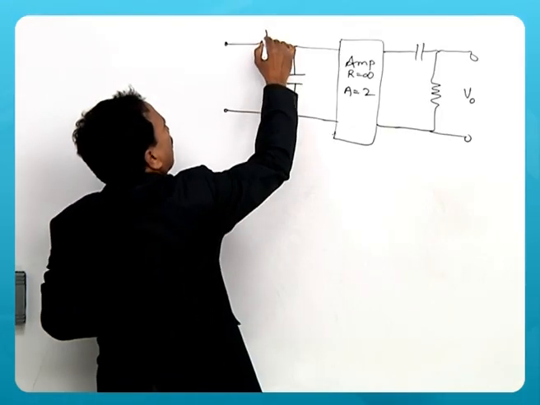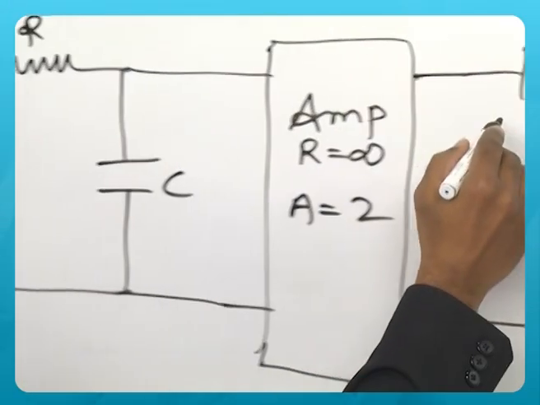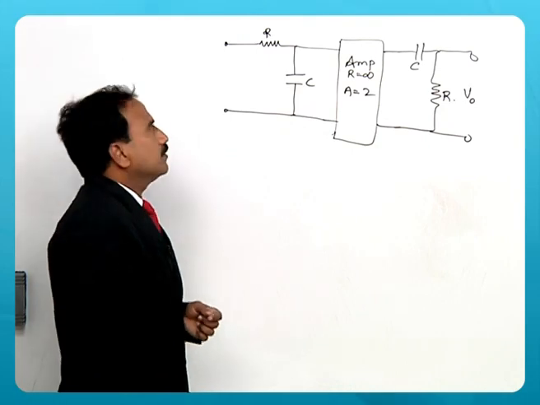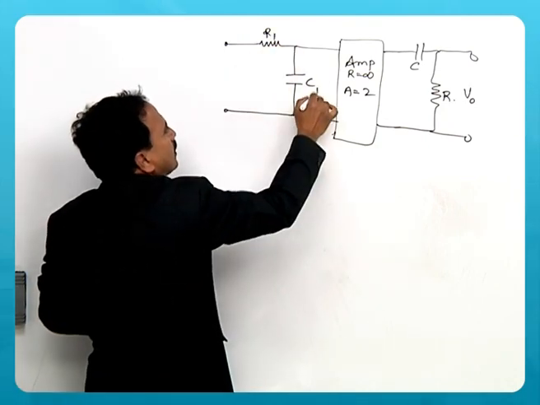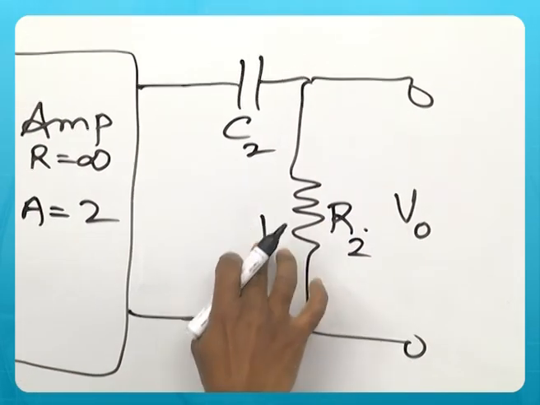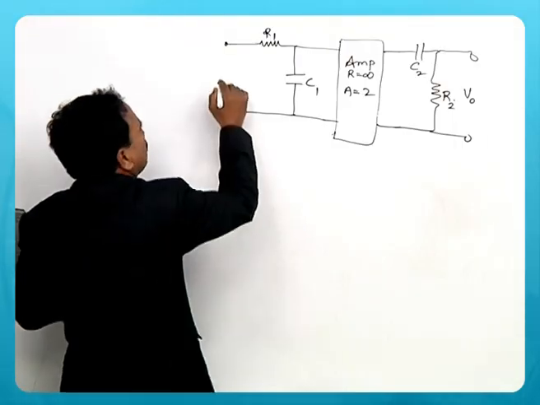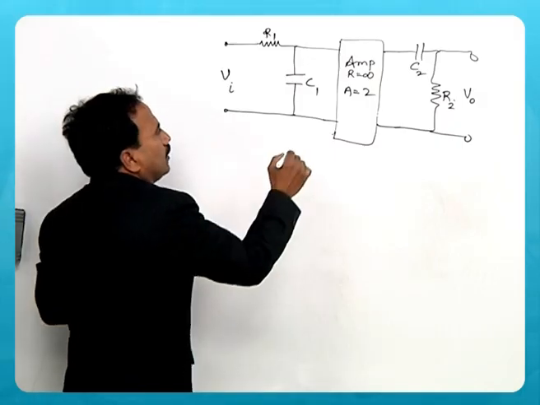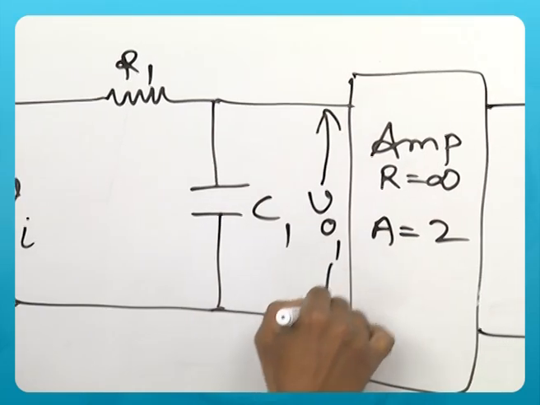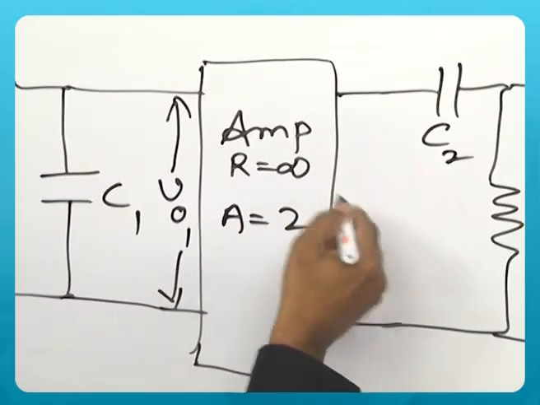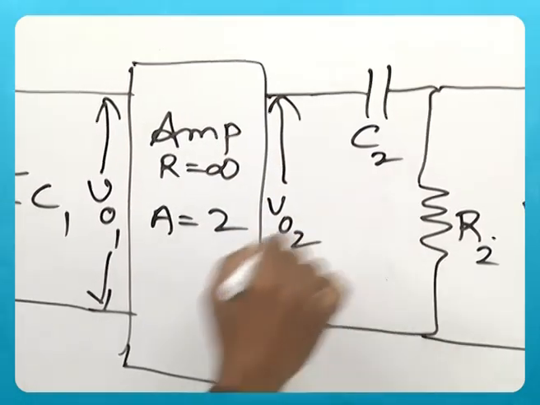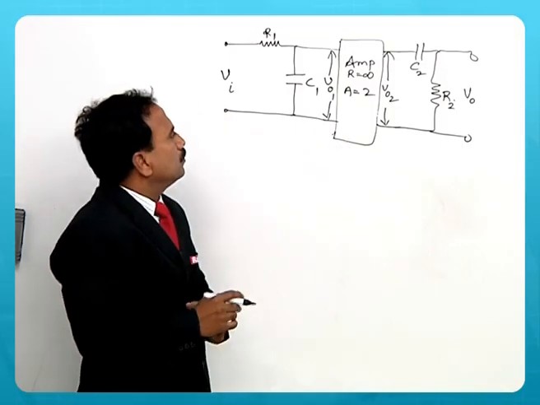Say this is R and C, this is some other values C and R. Just for convenience, you consider as R1 C1, this is C2 and R2. Now, say the input voltage is Vi and output of this RC combination is V01 here, and after amplification V02 is applied to this CR combination and V0 is the output voltage.